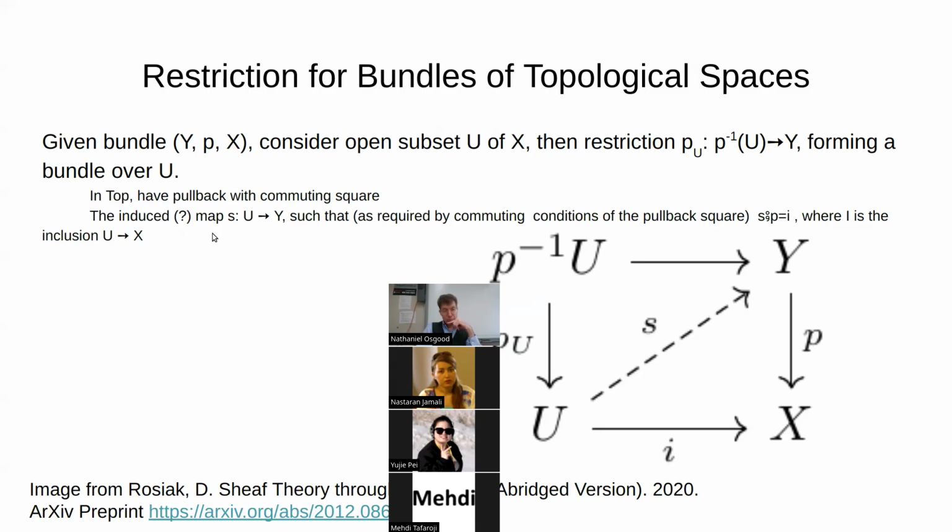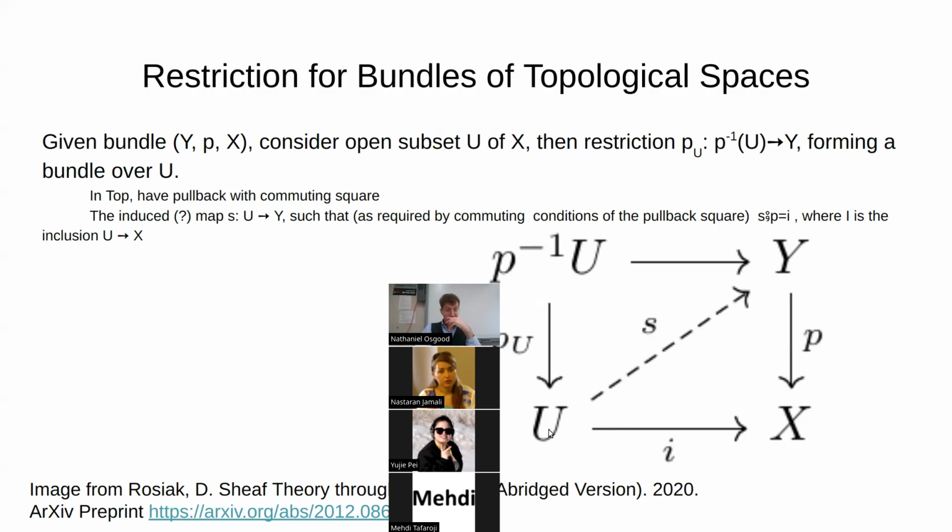Now, we have a situation here where we have an entire space, Y, and we have a base space. So this is the total space, the full total space. And this is the base space X. And this is a monomorphism.